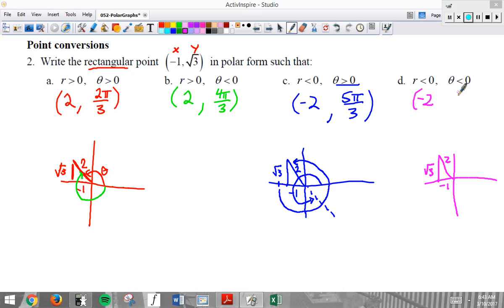Negative angle, again, the radius method. Here was 2, here was -2. And you wanted to rotate that negatively to get to here. How much of a rotation is it from this axis to that?